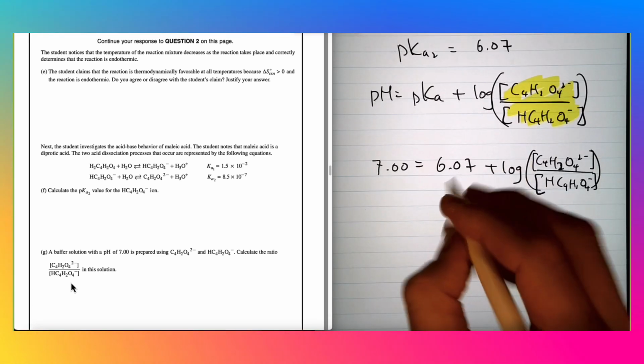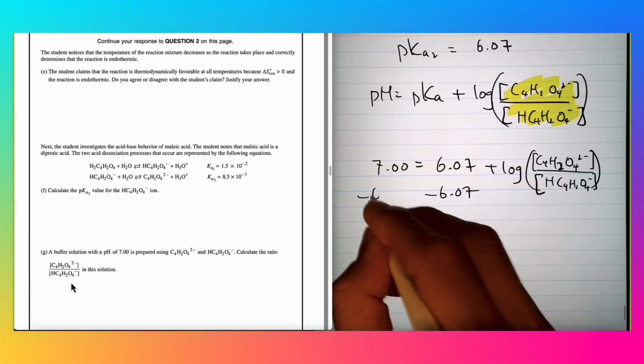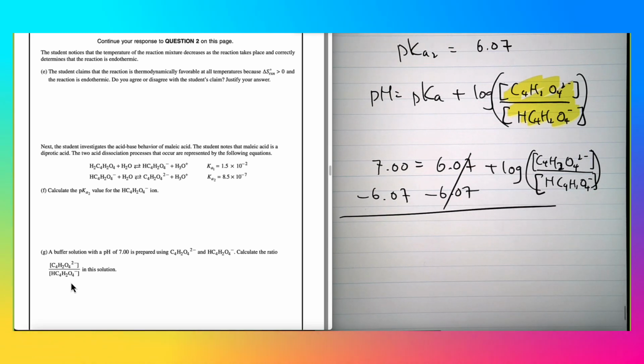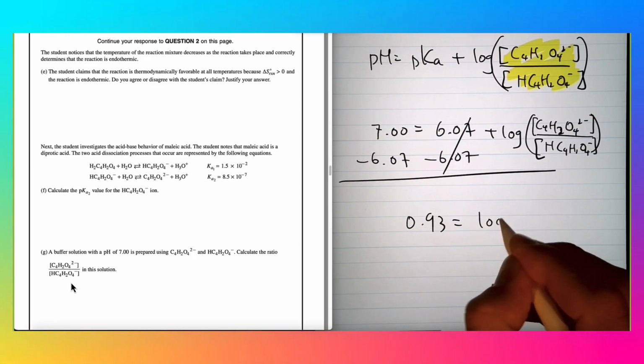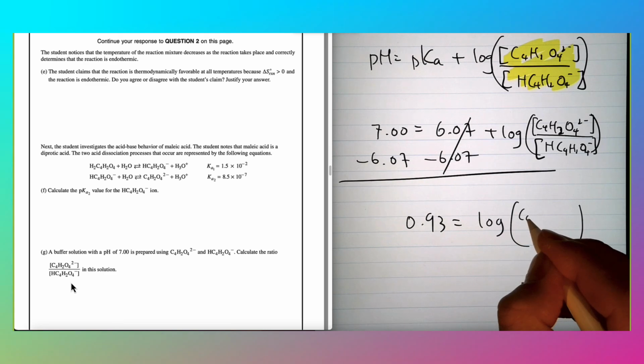The first thing, we have to subtract 6.07 on both sides. And we get 0.93 equals log of this ratio.